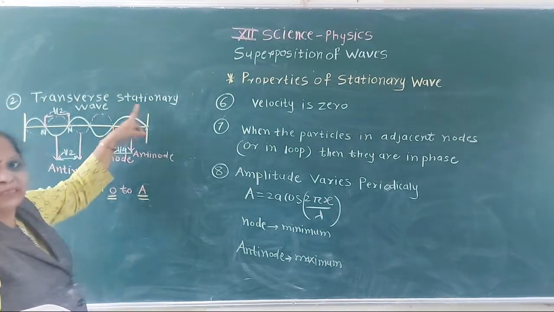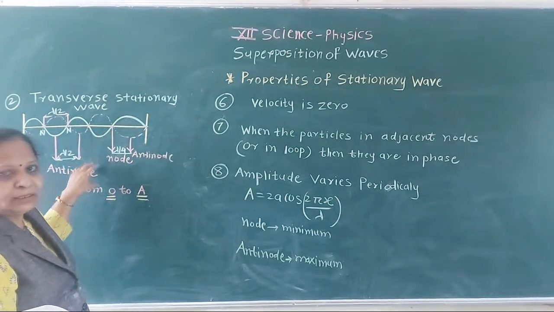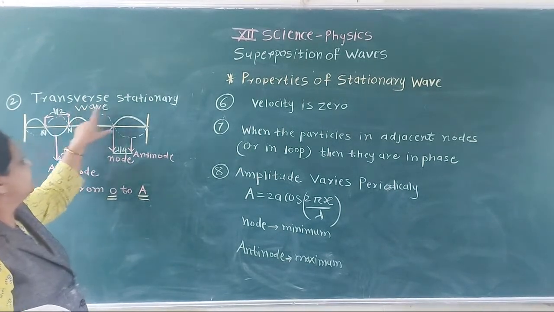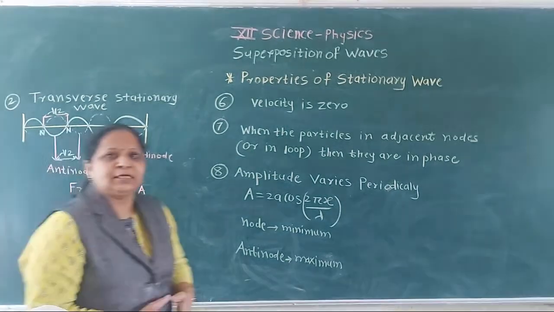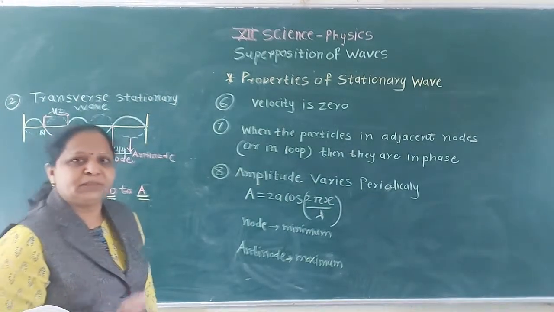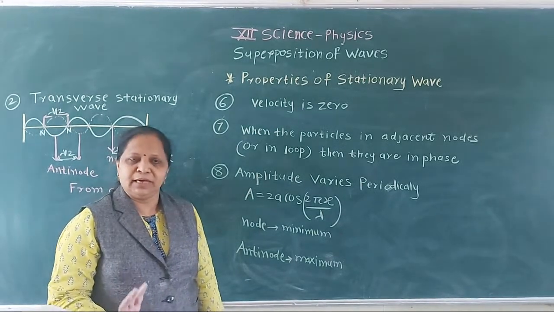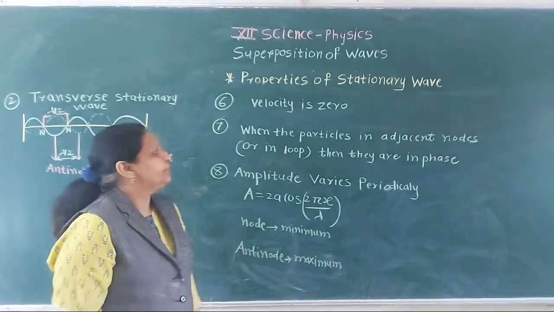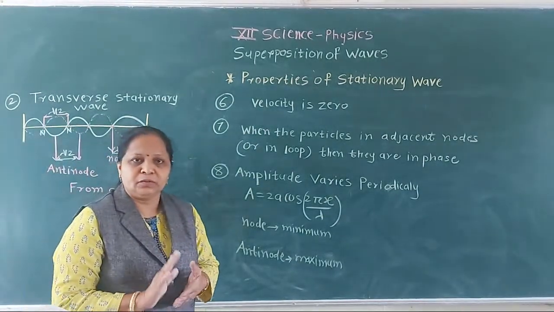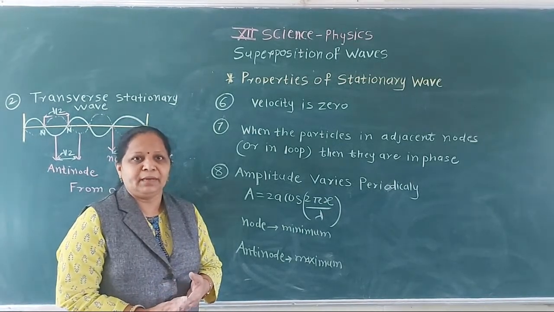Then longitudinal stationary wave: where two longitudinal waves superpose along the same path in opposite direction, the resultant wave is known as the longitudinal stationary wave. There is also a node point where the amplitude is minimum and an antinode where the amplitude is maximum, which varies from 0 to A. Then the next point: the distance between two consecutive nodes or two consecutive antinodes is equal to lambda by 2.